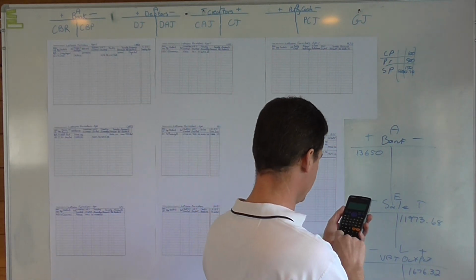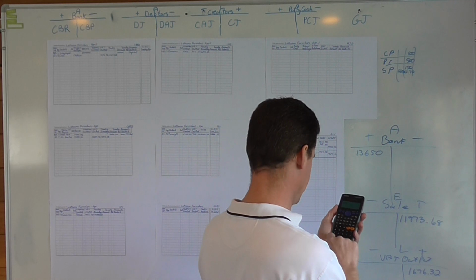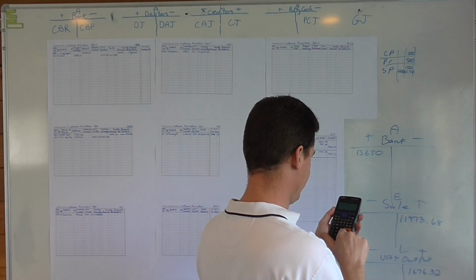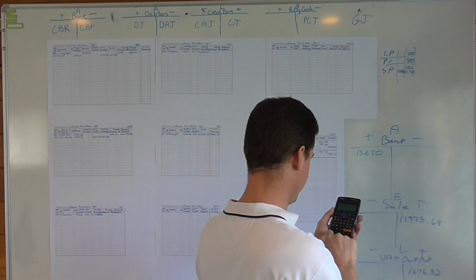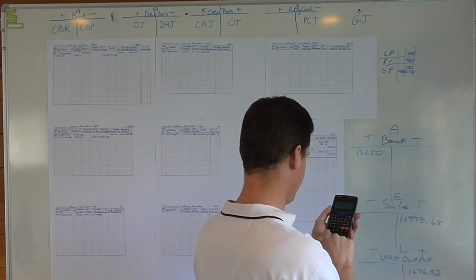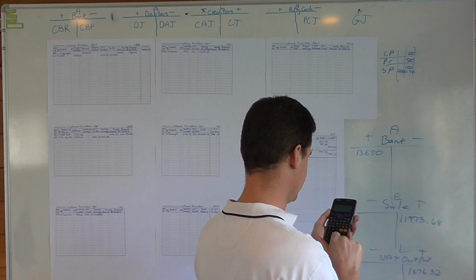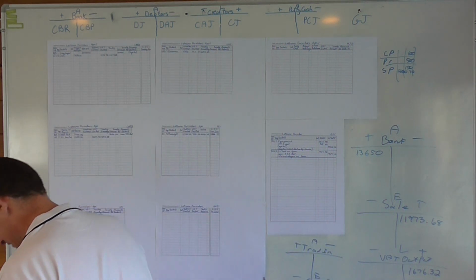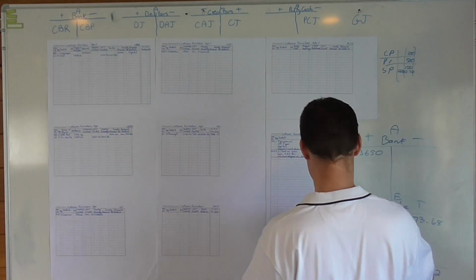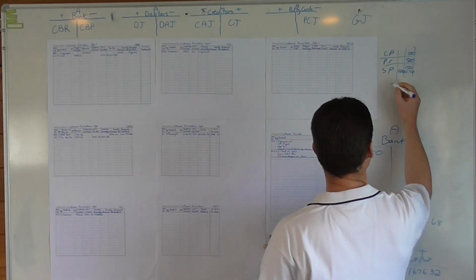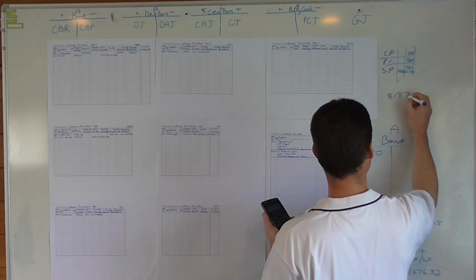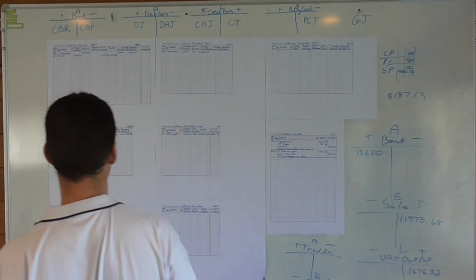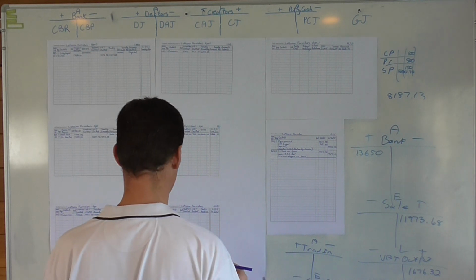So it's 12280.70 divided by 150 multiplied by 100, and that gives you 8187.13. So now we can fill in the cost of sales.